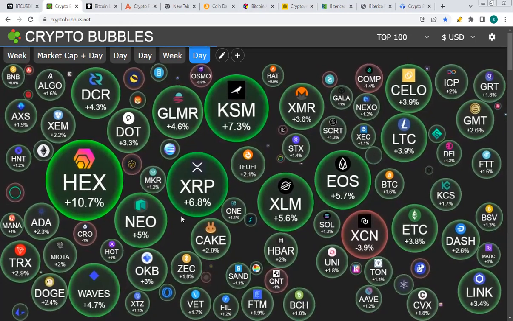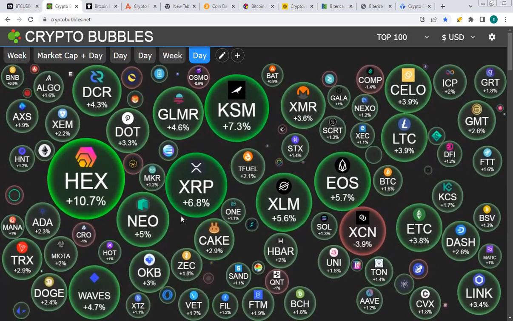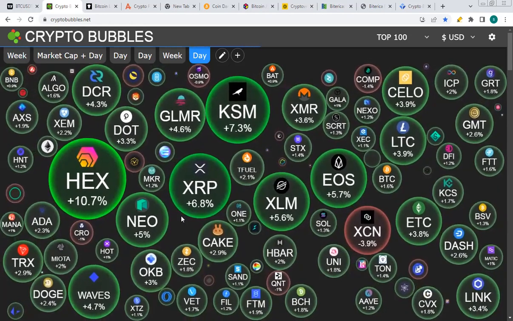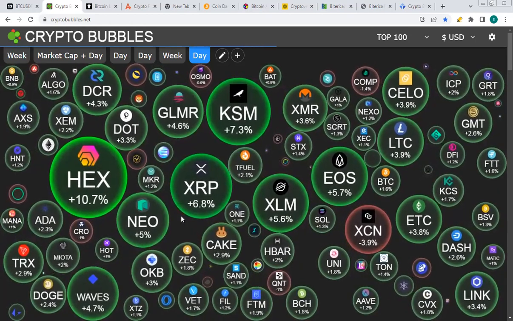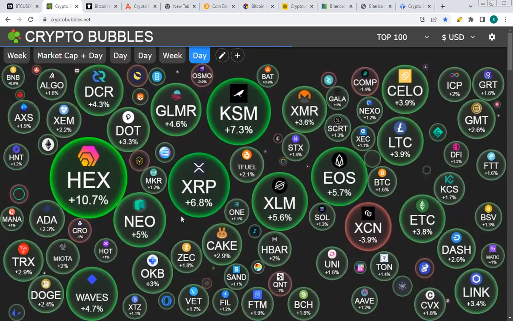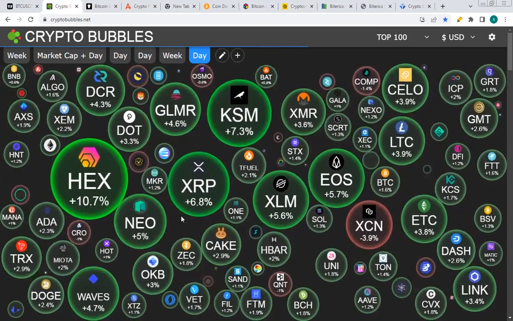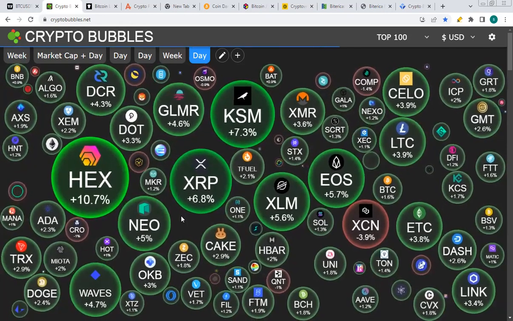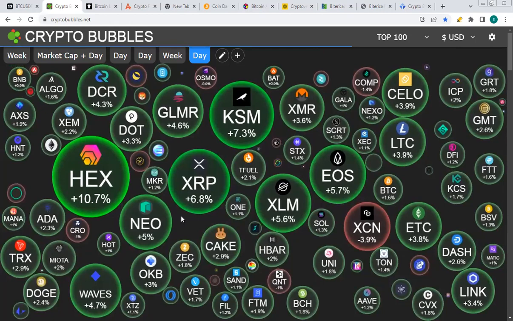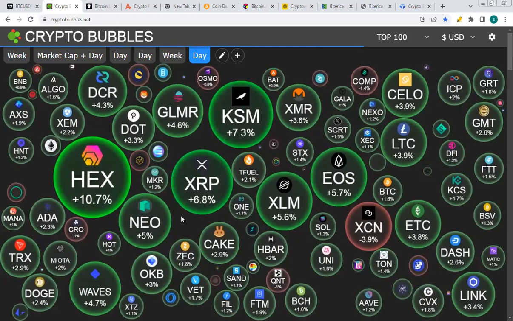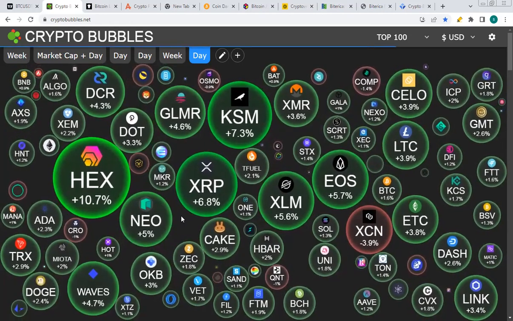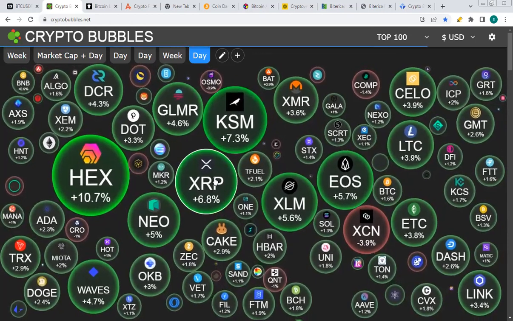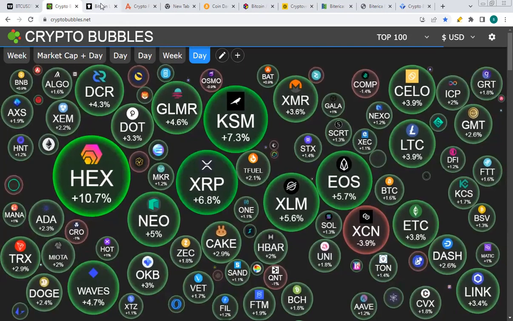Banks looking to mint their own stable coins. XRP getting involved with banks worldwide, potentially even getting involved with CBDCs run by countries, central bank digital currencies. So XRP, big potential. Let's see what happens in the space with XRP. But at the moment, up 6.8%.